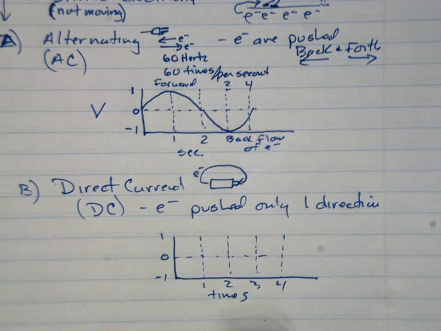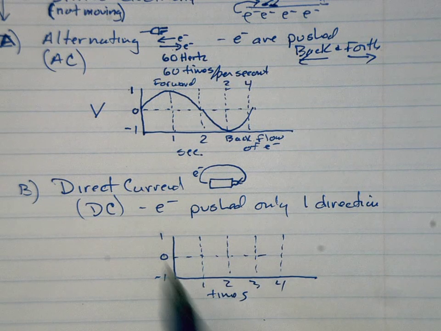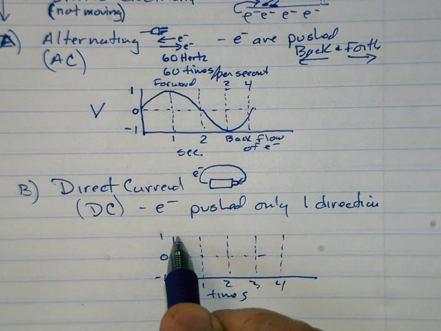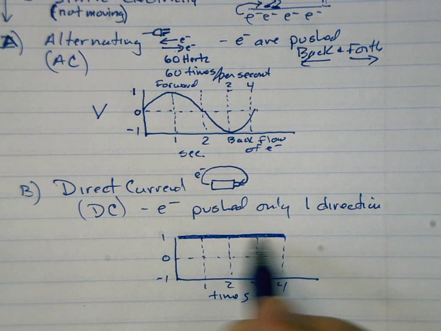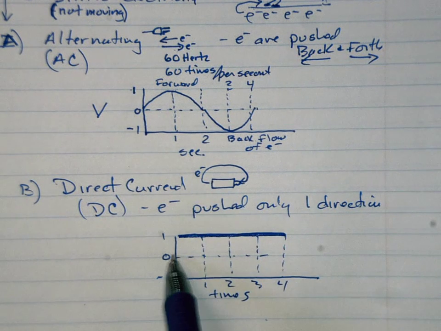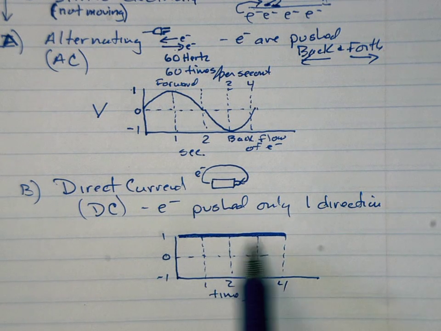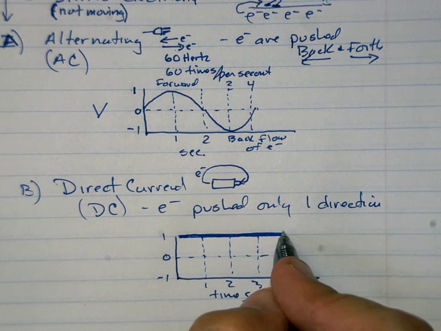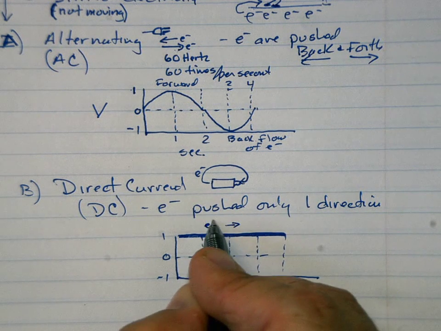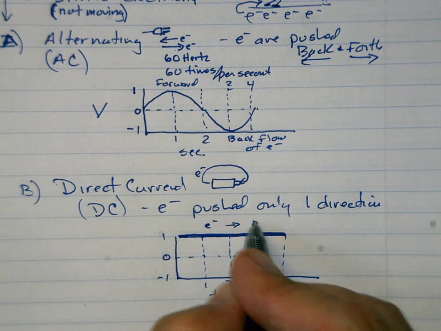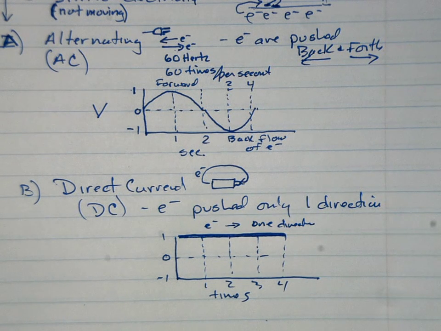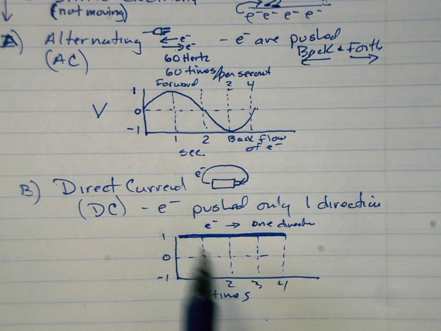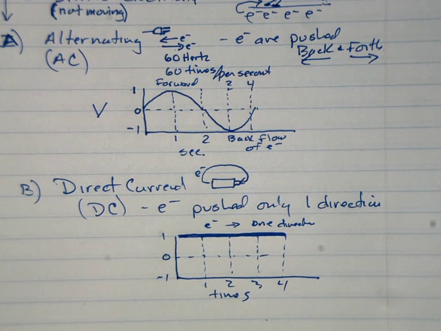So now if you were to hook up electronic devices to measure this, here's what it would look like with direct current. Your graph would be this. I'll make it kind of thick so it stands out. If it's a 1 volt battery, the electrons are only going one direction. It's simple to generate and use, but this doesn't work well when you're transmitting over great distances.